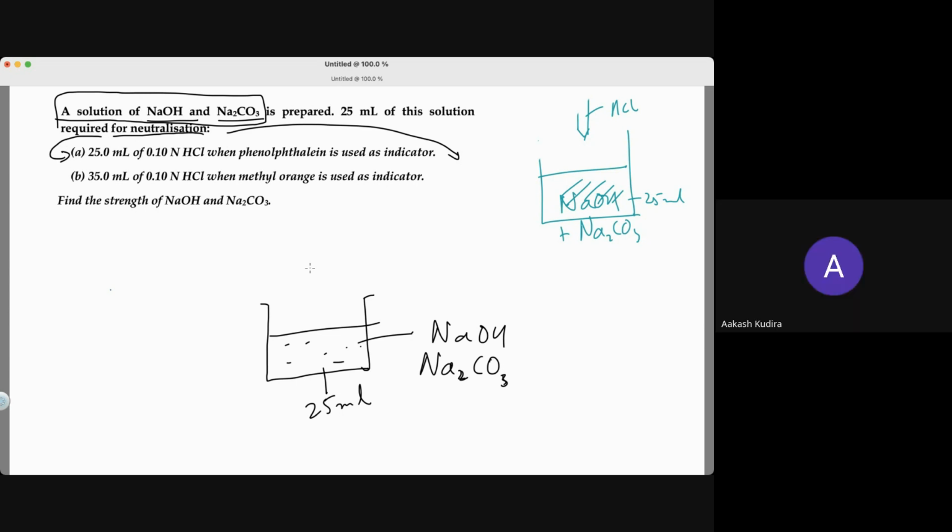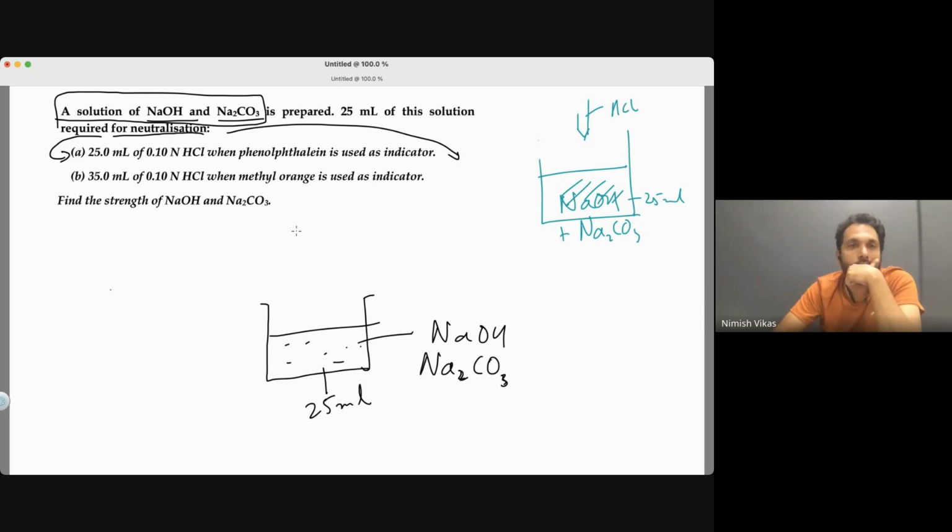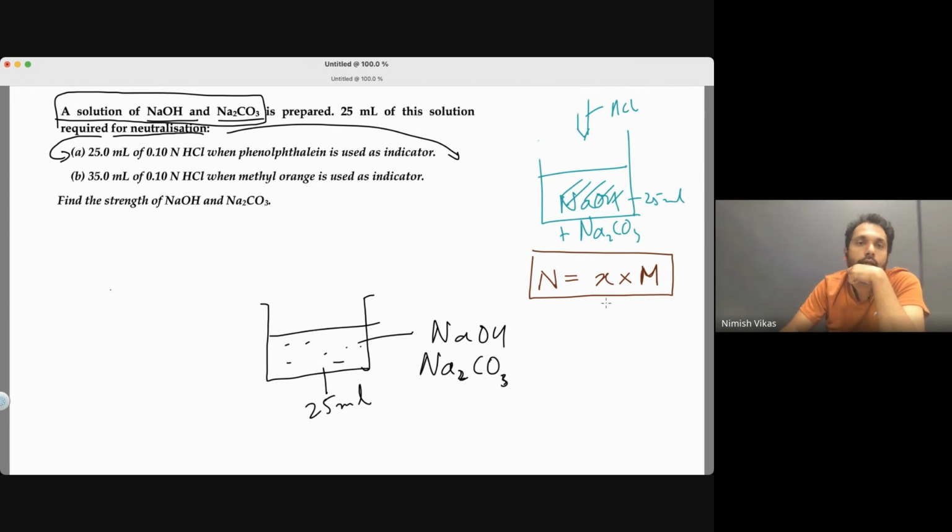So 25 ml of 0.10. Is that normality or molarity? You can take the normality as molarity for HCl. In the first part of the stoichiometry chapter, it would have been done that normality is the X factor times molarity. The X factor for an acid or a base is how much H plus or OH minus it has got.